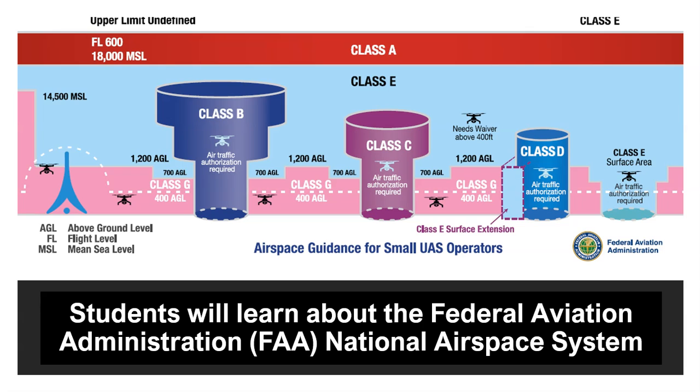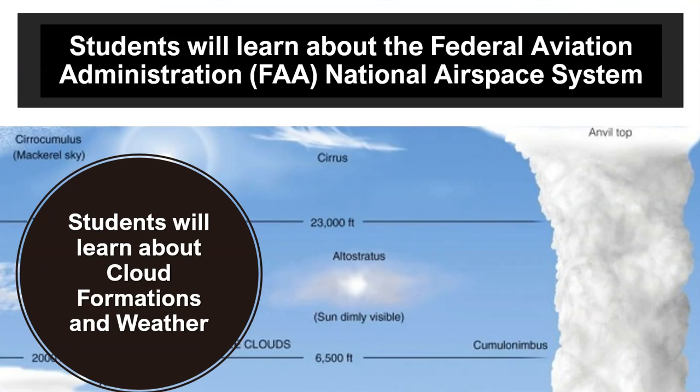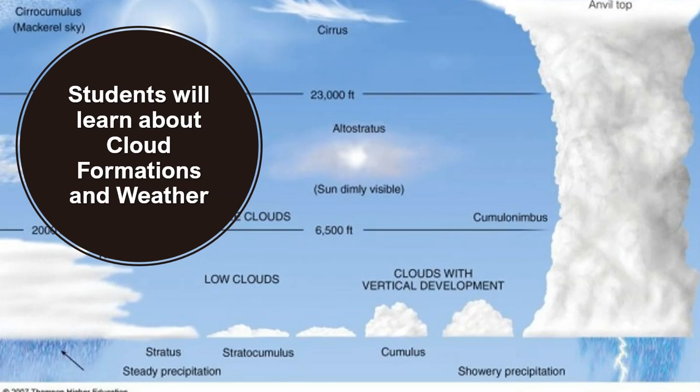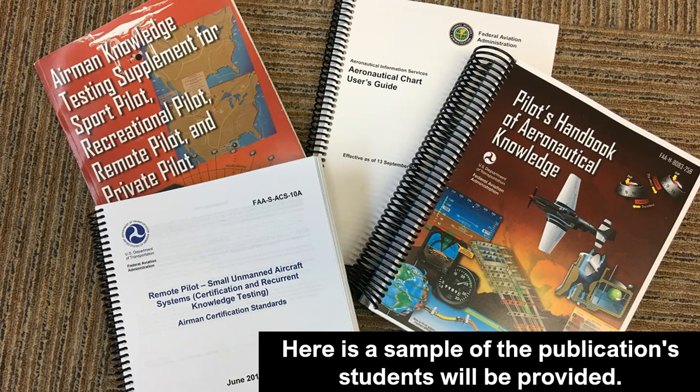And then finally, students will learn how to legally and safely conduct drone operations based on weather formations and cloud formations and those types of things. In this course, students are going to be provided with all the publications necessary for them to successfully complete the course as well as to successfully pass the Part 107 Remote Pilot Certificate exam.